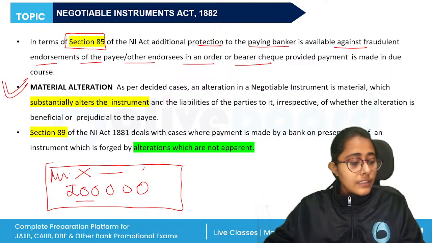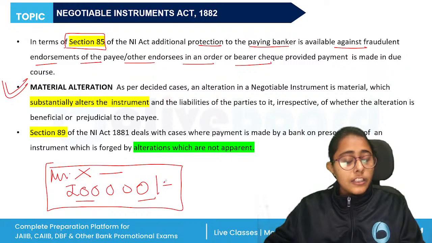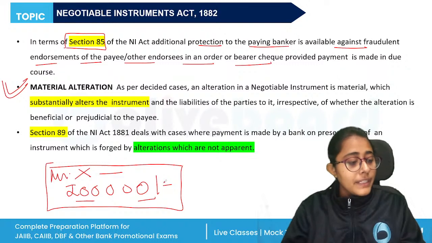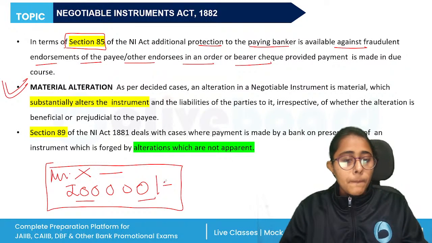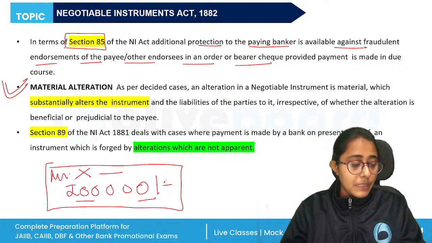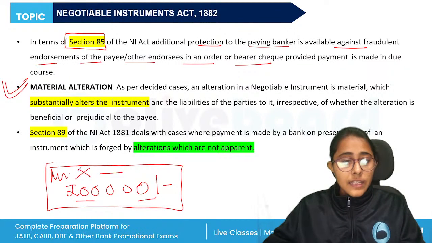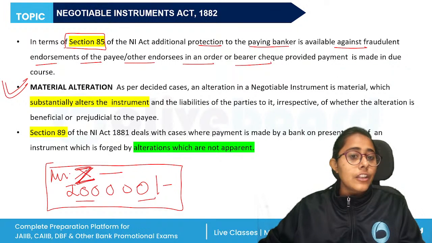Here it wasn't cancelled or marked, so the added zero is not apparent to the banker, right? But it is a very substantial alteration that has been made. Or this person X's name is changed to Z. This is also a material alteration.